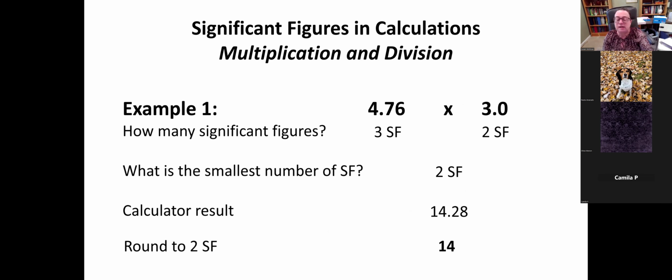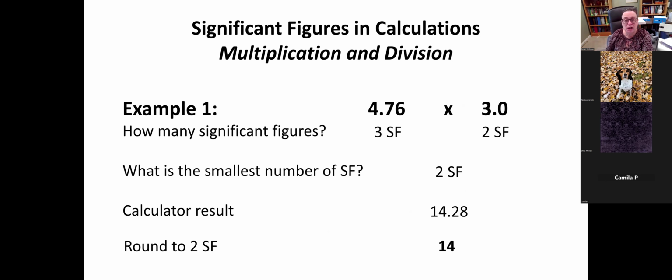You're not going to need to write down all these steps for the rest of our semester. But for right now, you might want to, just till you get the hang of it. And then you'll be able to just start reporting numbers correctly without physically writing down all these in-between steps. So circle it or box it or something that lets you know, hey, I've made a decision. This is how I'm reporting that answer.